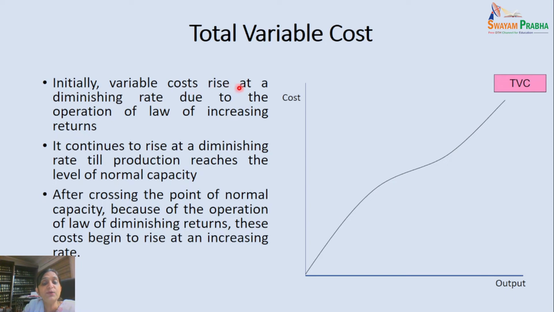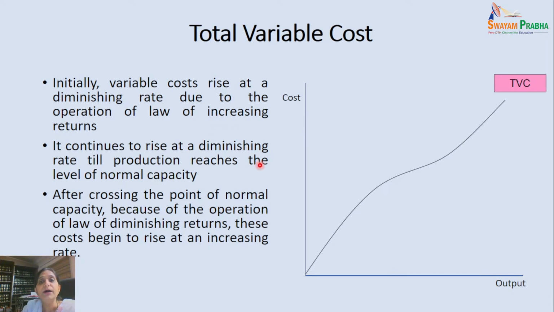Initially, the variable cost will rise at a diminishing rate, and then it will rise at an increasing rate. Why does it rise at a diminishing rate initially? This happens because of the law of increasing returns.